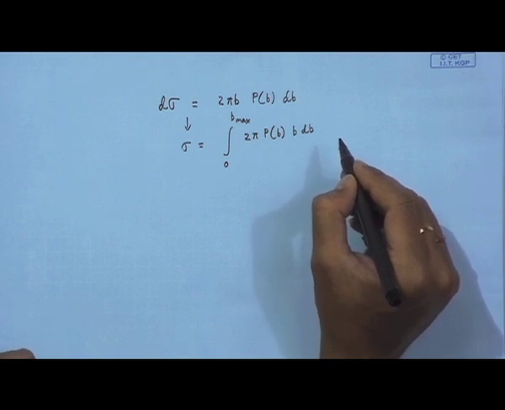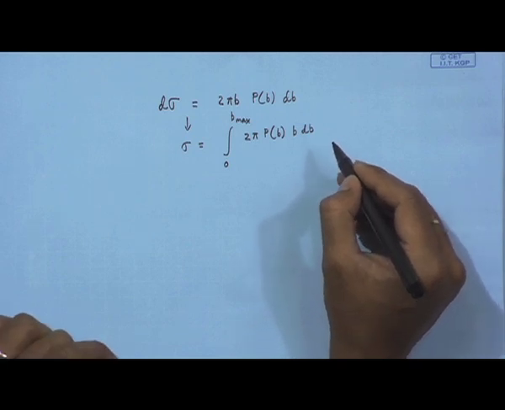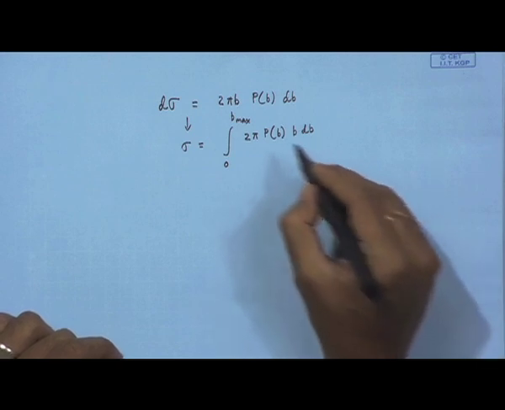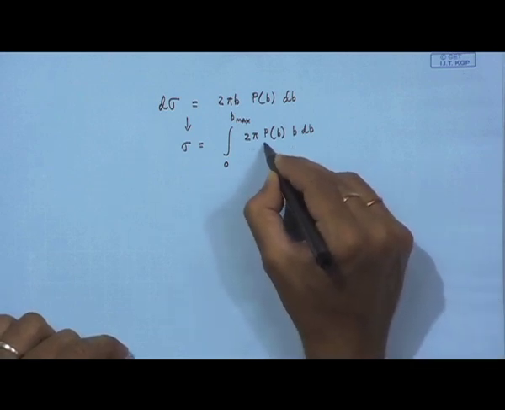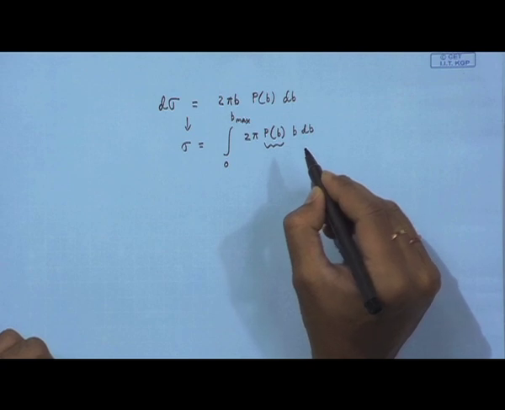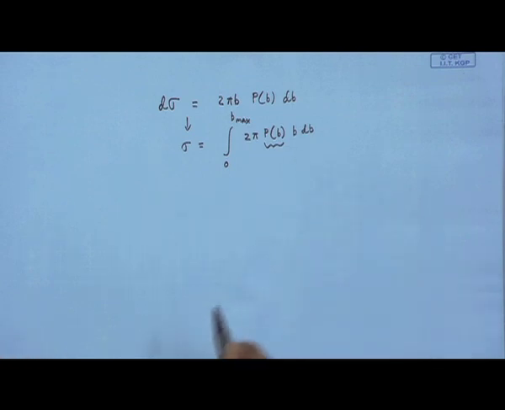Now, here 2 pi b P(b) db is the element of total collision cross section, and P(b) is the fraction of effective collisions. The total cross section may be divided into effective and non-effective, that is, reactive cross section and non-reactive cross section.